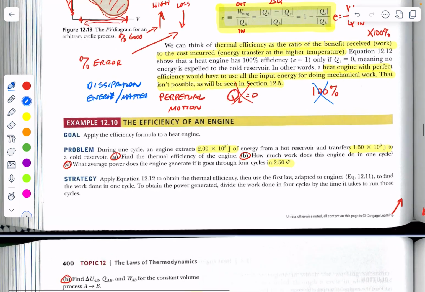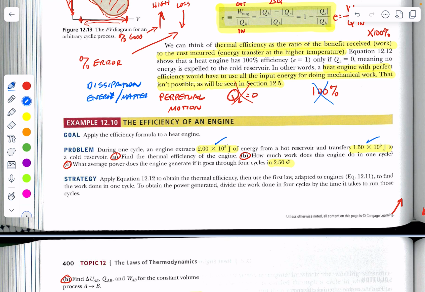Keeping track of the sign is the detail that you don't want to overlook. So if we have a certain amount of energy, 2,000 joules, going from a hot reservoir and being transferred to a cold reservoir, you can see that maybe 75% of that energy is going to the cold reservoir, which means the other portion is what's making the machine do its work.